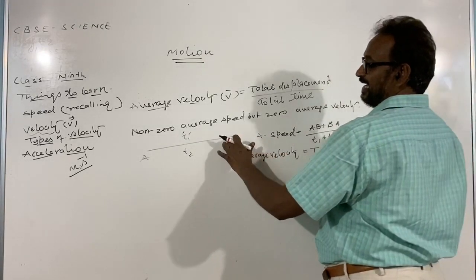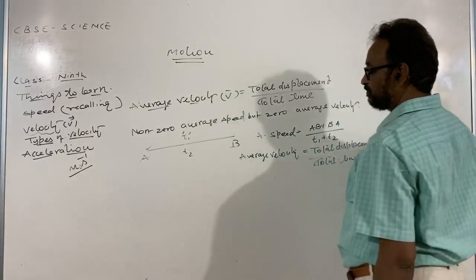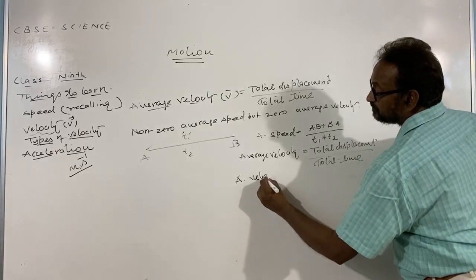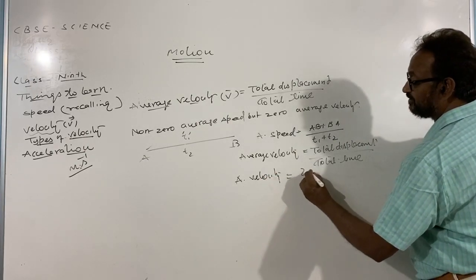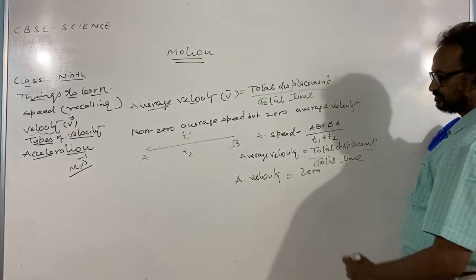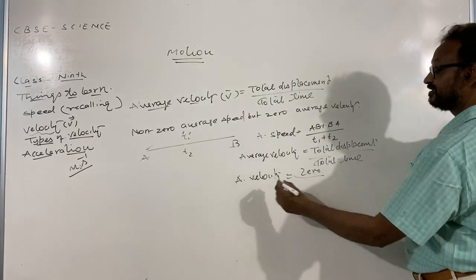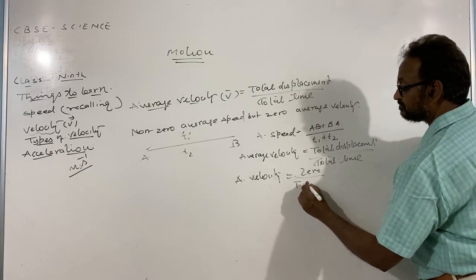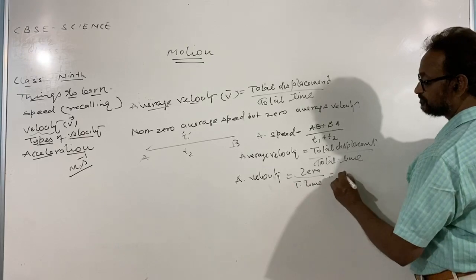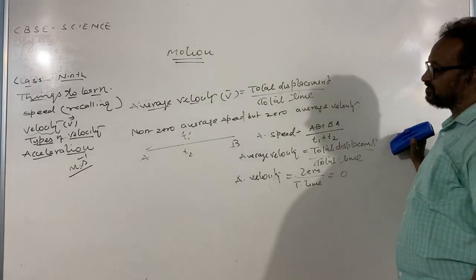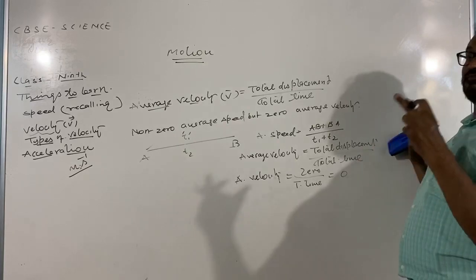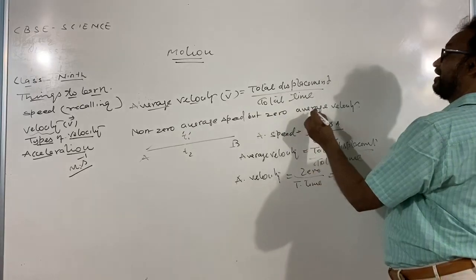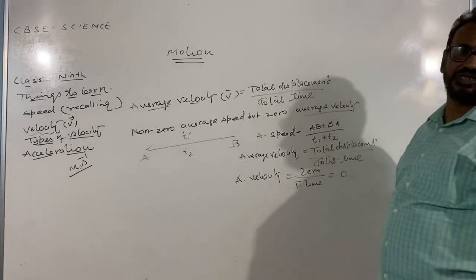Since the body has returned to its initial position, therefore displacement of the body is zero, and hence the average velocity of the body is also zero. So it is possible that a body has non-zero average speed, but its average velocity is zero.